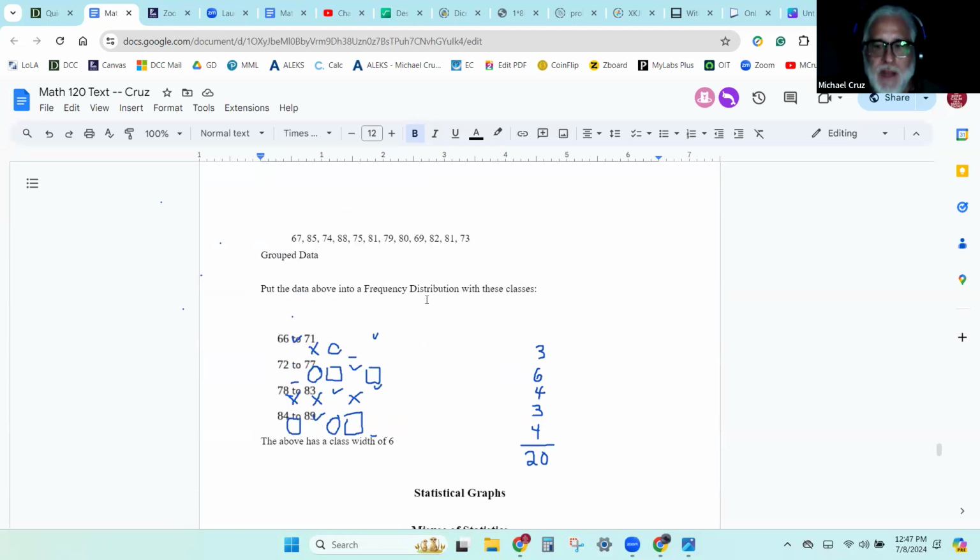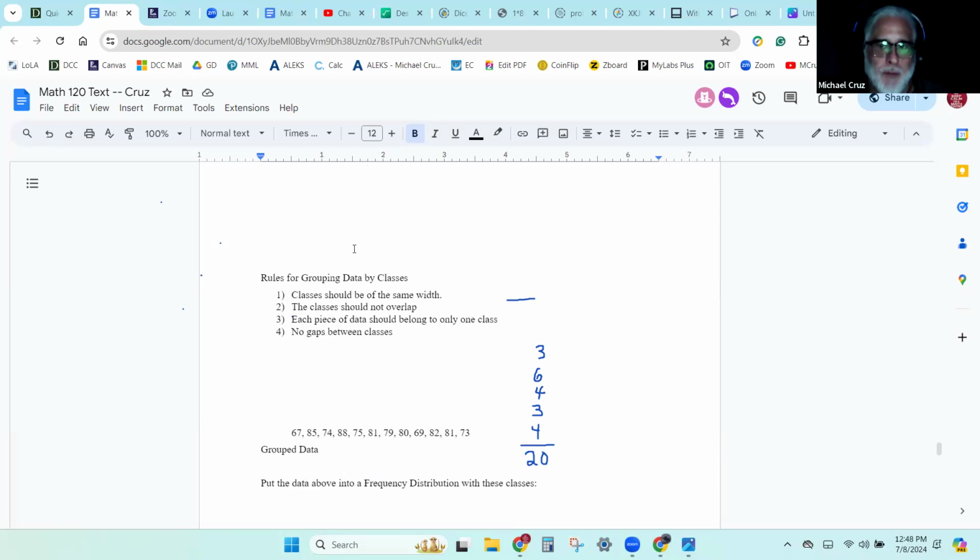All right, now if data is grouped, in other words, we have to establish some groups to put things into, then that's what this is about. We call the groups that we put the data in classes.